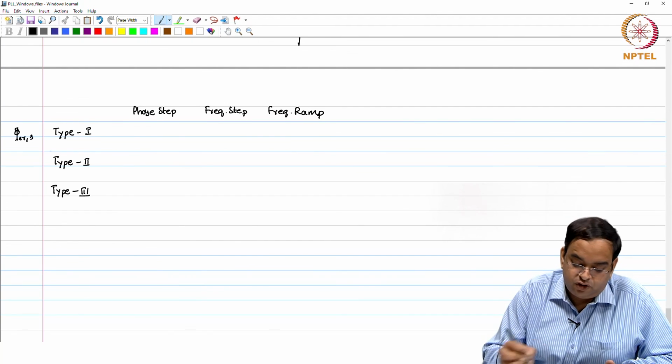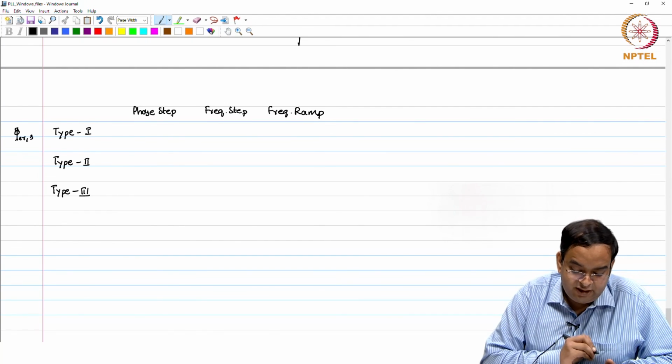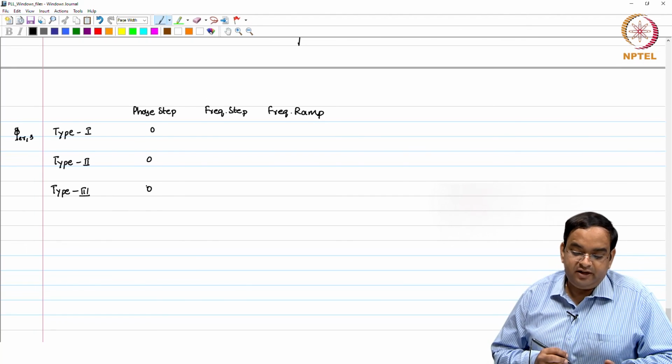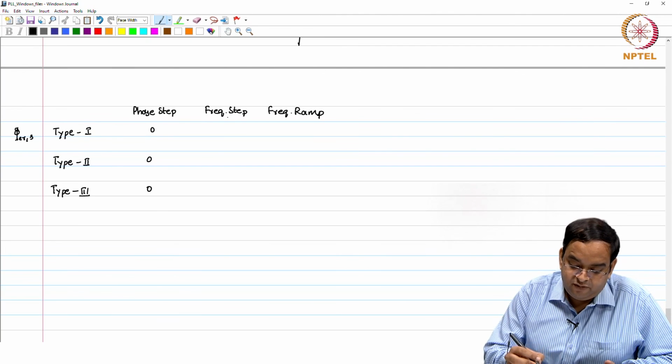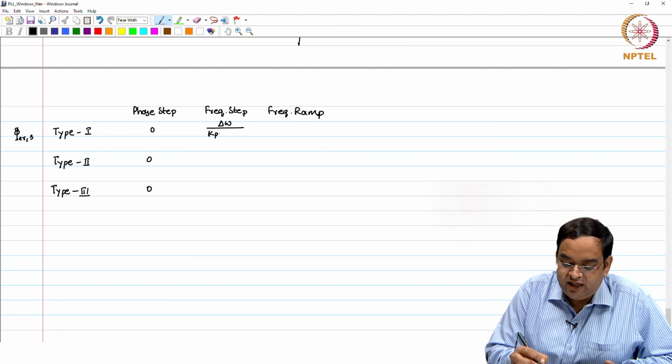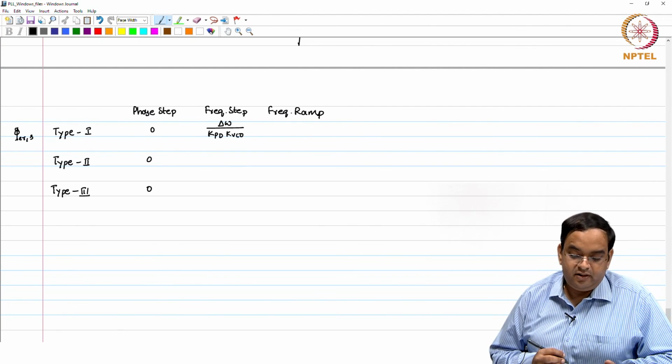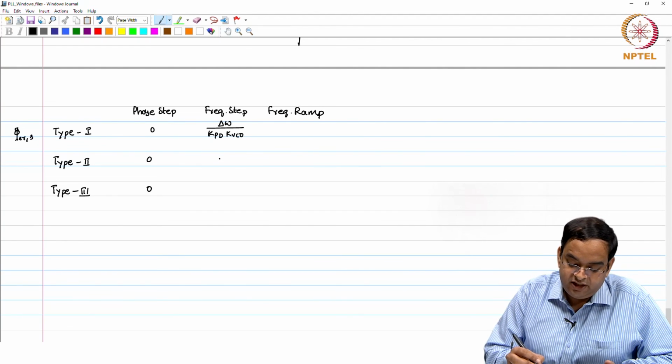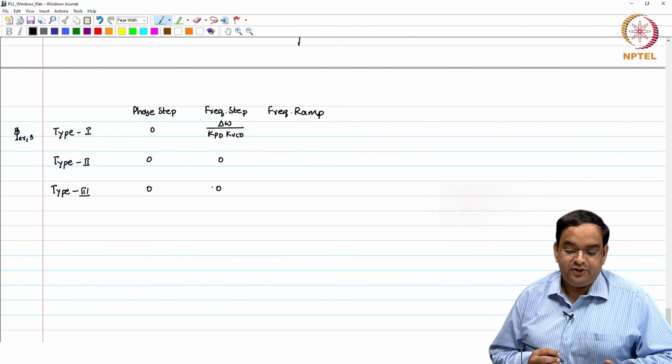When you have phase step, type 1, type 2, type 3 PLL, all will give 0. When you have frequency step, type 1 will give you delta omega by KPD times KVCO. Type 2 PLL will give you 0, type 3 will also give you 0.